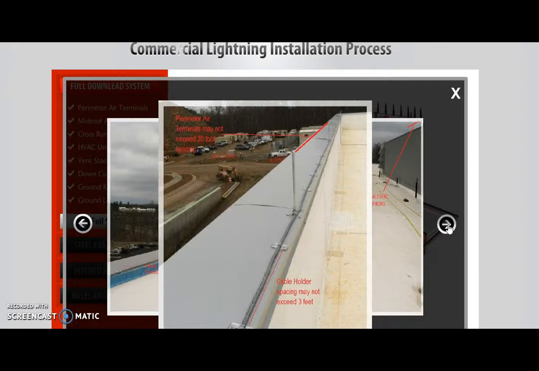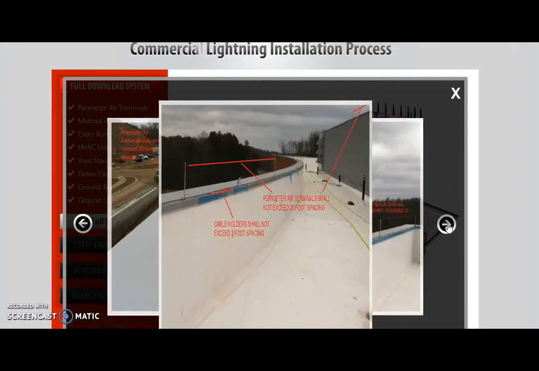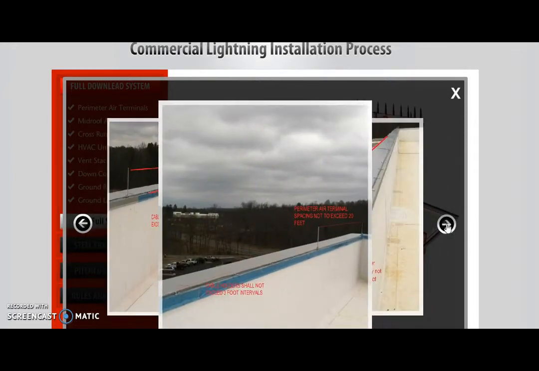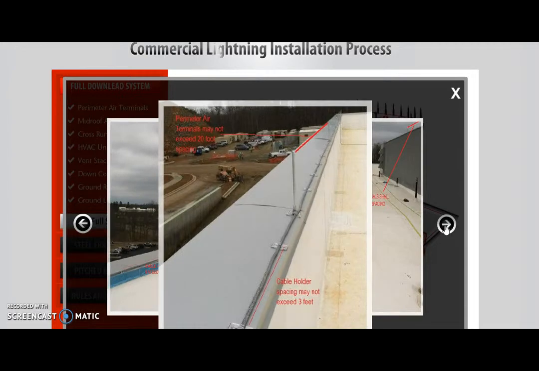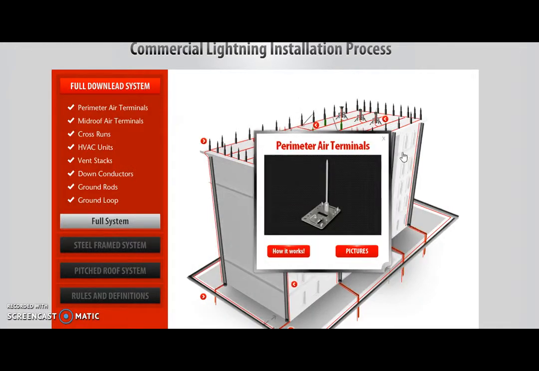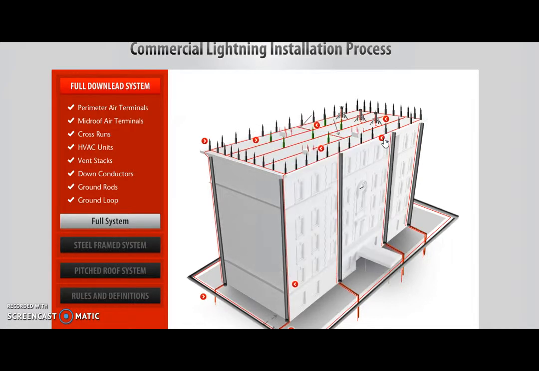We find that this is helpful to see what this looks like before they get out in the field. It gives them just a little bit more confidence in understanding what we've been saying. These are things that most people don't really have much of a concept of. They've worked in construction, yes, maybe. They've worked in electrical work, maybe, but typically, even then, air terminals and some of the conductor is something new to them.